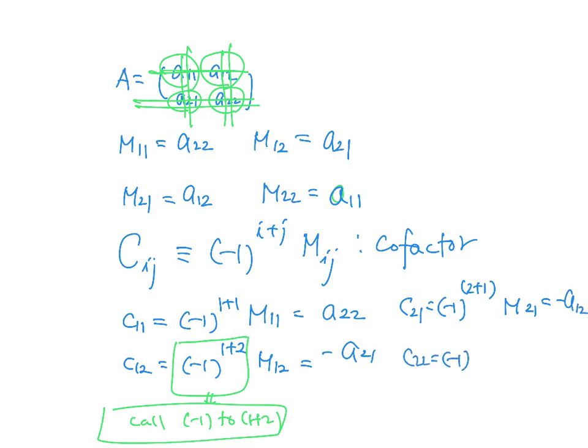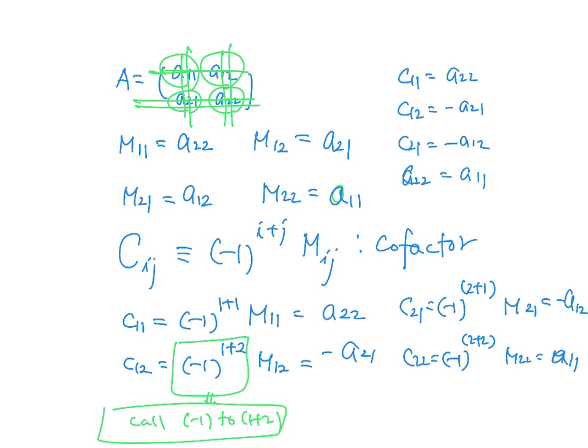C22 is minus 1 to the 2 plus 2, M22, which is A11. To summarize, C11 is A22, C12 is minus A21, C21 is minus A12, C22 is A11. This is your cofactor.